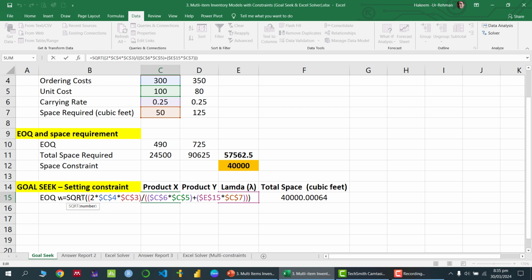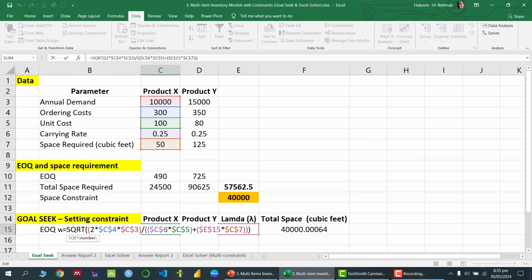That is the square root of 2 times the ordering cost multiplied by the annual demand, divided by C6, which is the carrying cost, multiplied by the carrying rate, plus E15, which is the value of lambda that we are going to compute with the help of the goal seek approach, multiplied by the Sj, which we mention over here, which is the unit cost.